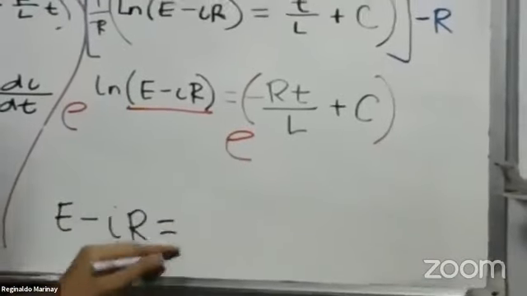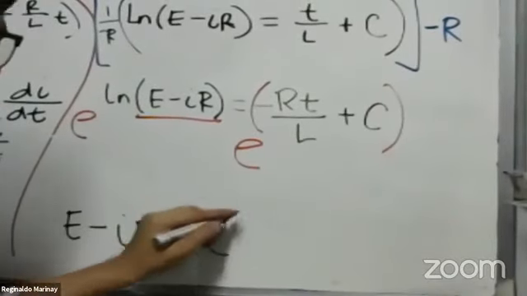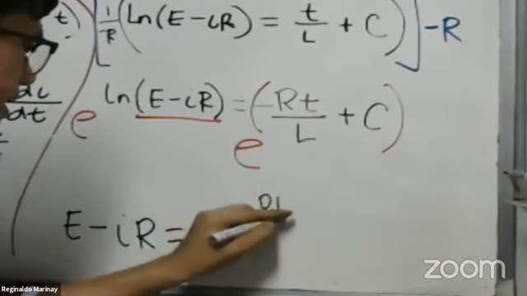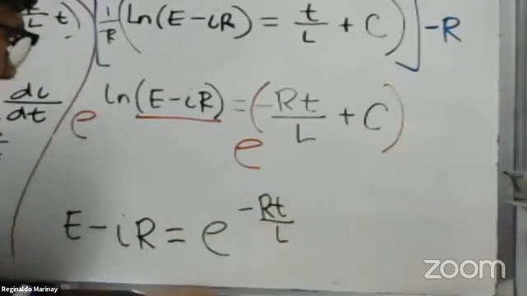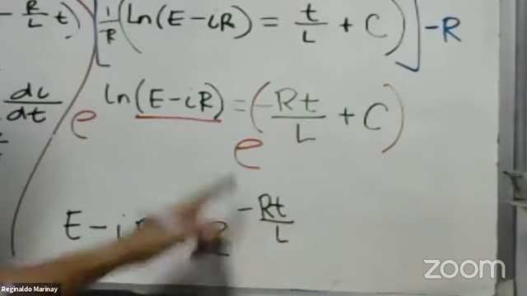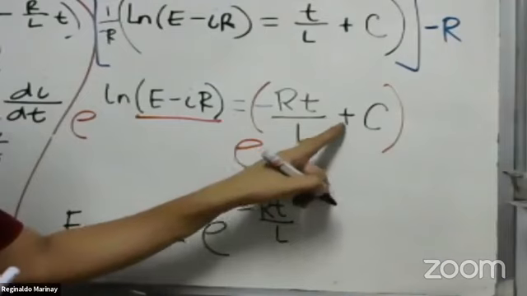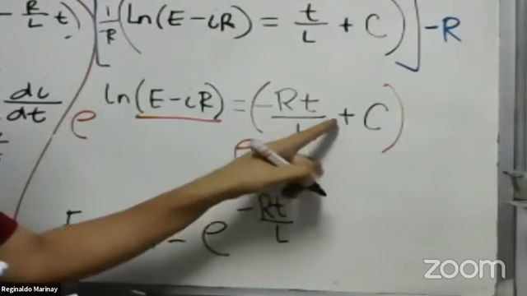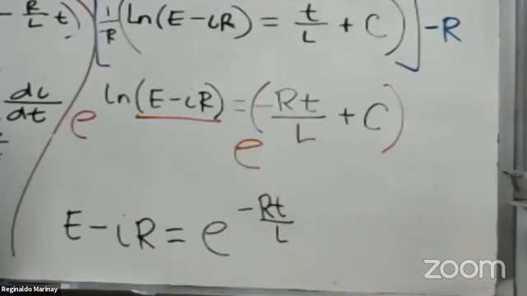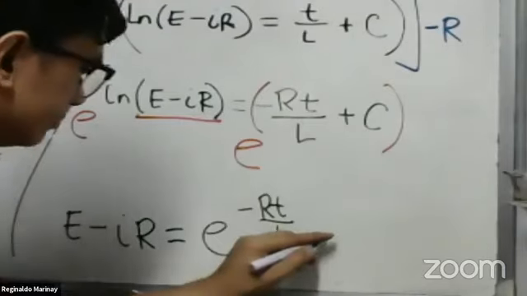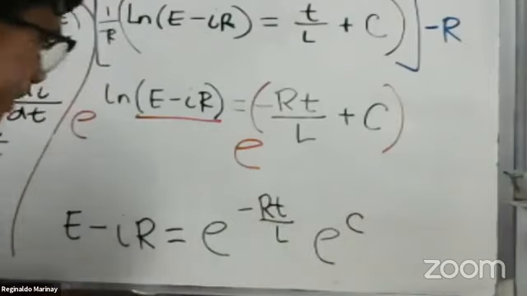So that is equal to e raised to negative RT over L. Then if you are to take the exponential, there is here a plus C, so e raised to the power of plus C will become e raised to C only. Why?